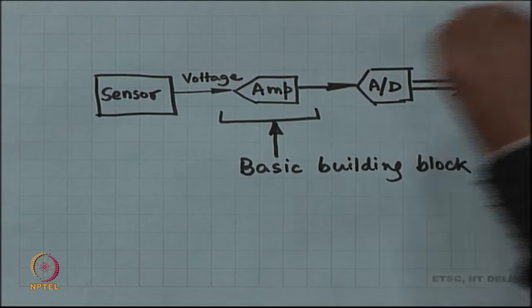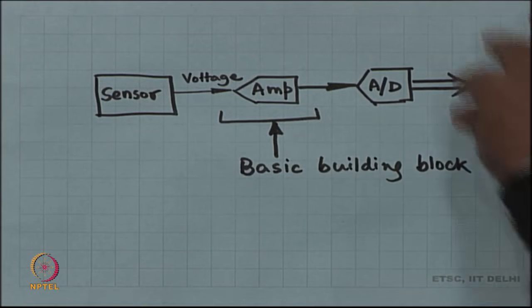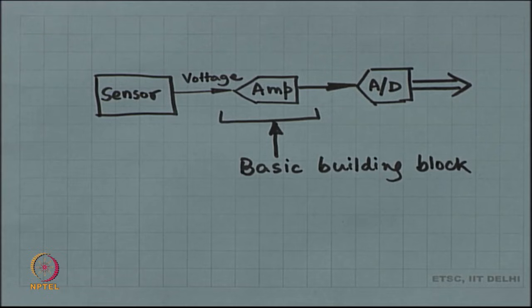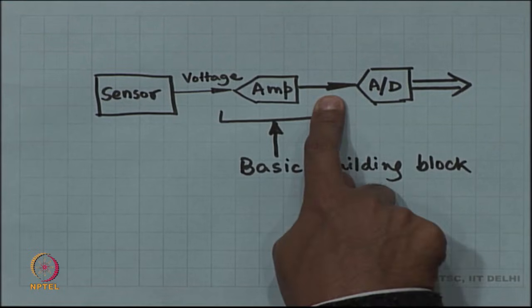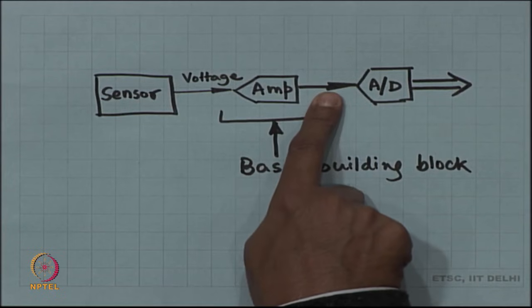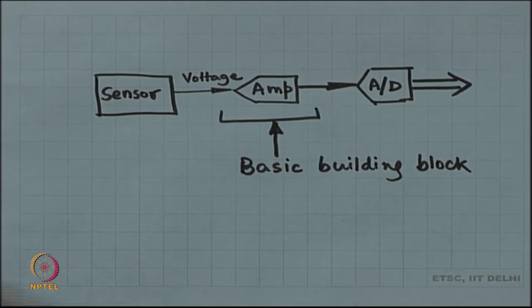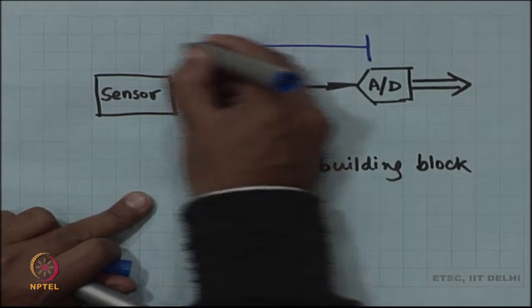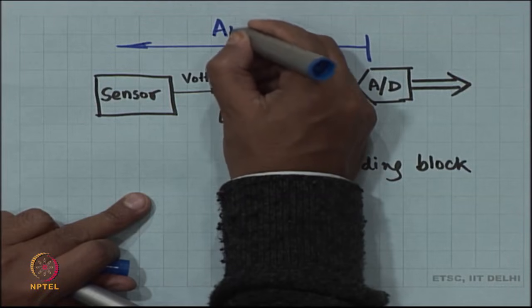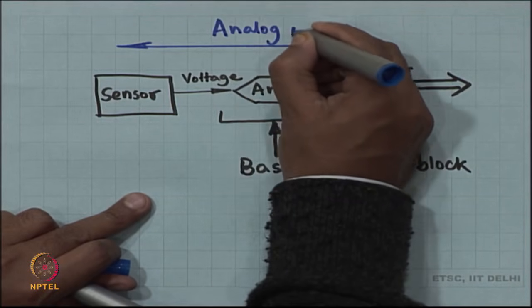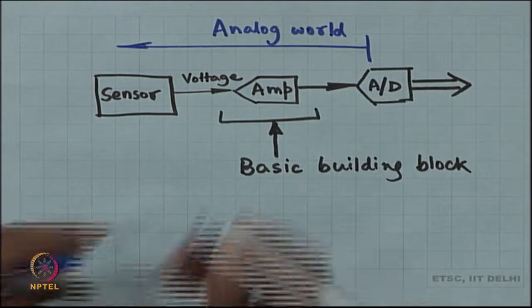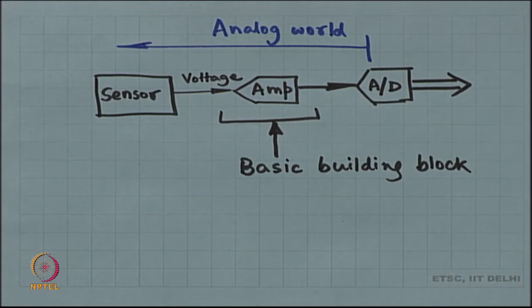Then the A to D converter converts it to digital, and finally there is a large amount of signal processing in the digital domain. But it is much more economical to have a significant amount of signal processing in between the amplifier and the A to D converter, and that is also an analog circuit. So, this is the analog world, and in the analog world, one of the most basic building blocks is the amplifier.